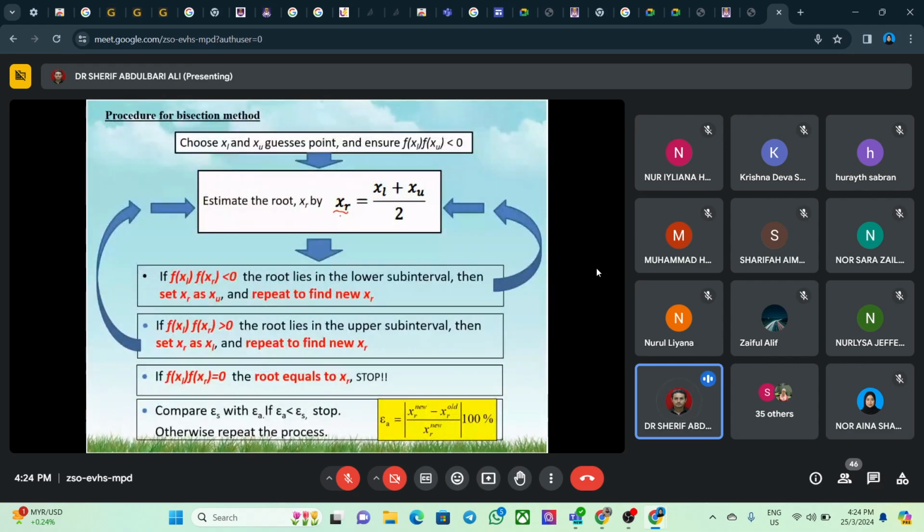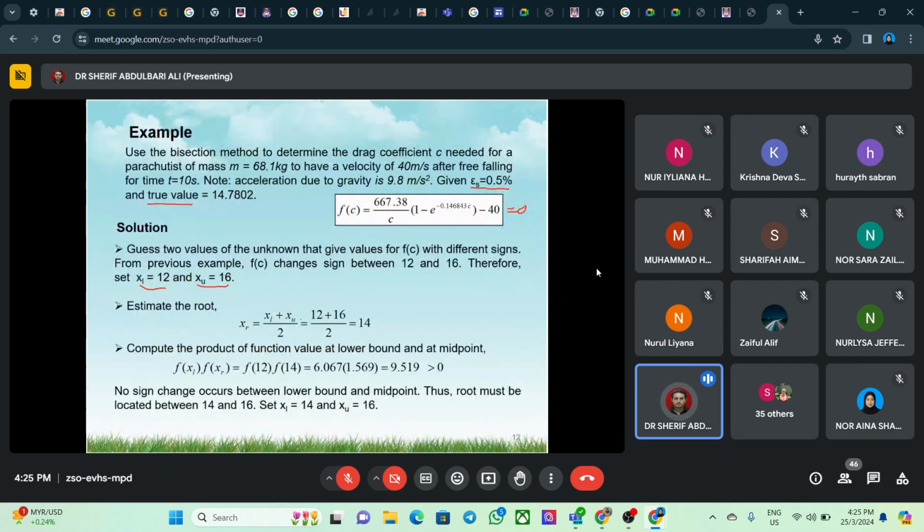So now, the next step, I need to calculate a new value of xr: x lower plus x upper over 2. So 12 plus 16 over 2. I get a new value of xr in between 12 and 16, which is 14. Okay.